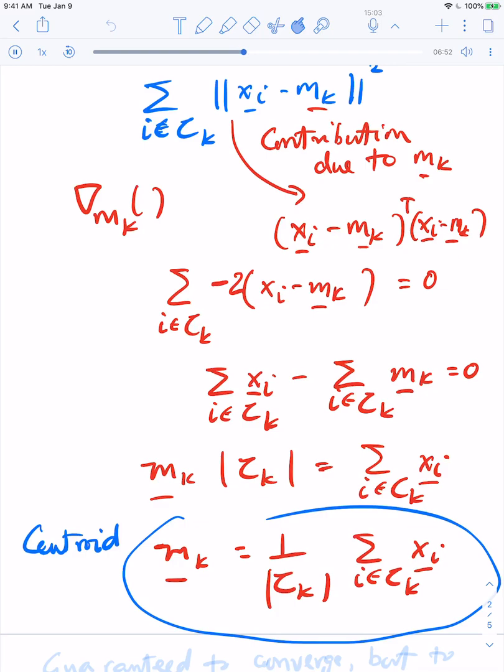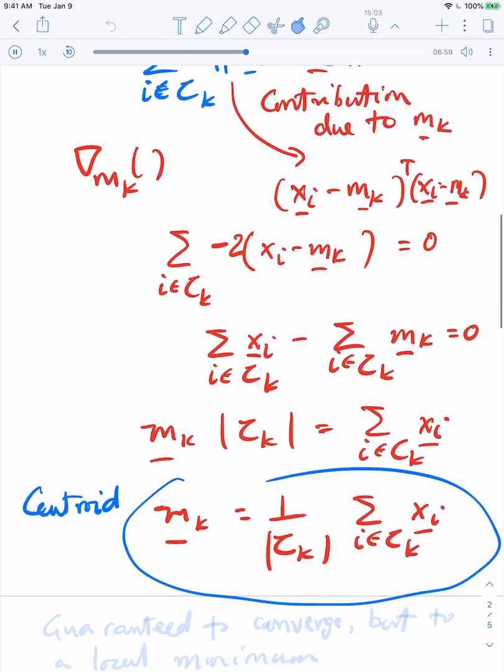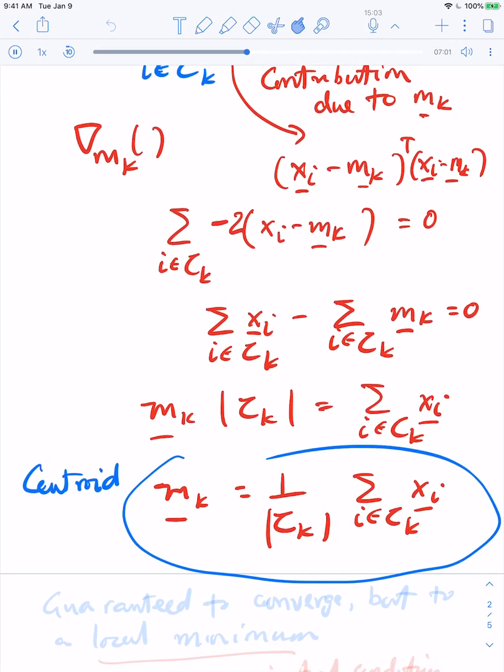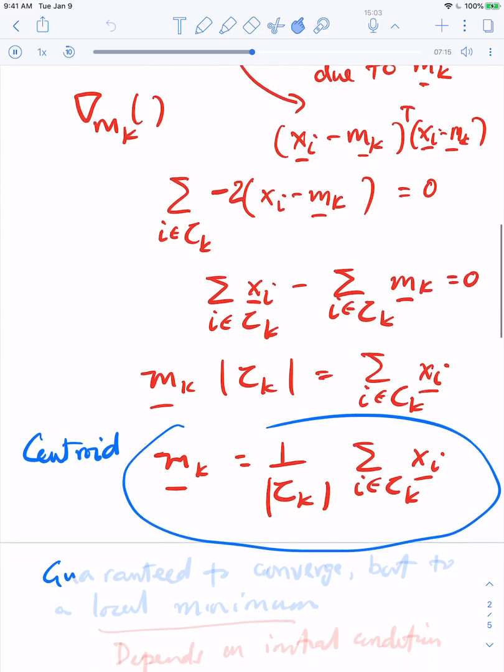And it's a greedy procedure. Each step of the greedy procedure can only decrease, you cannot increase, the cost function. So this procedure is guaranteed to converge. Of course, what it's guaranteed to converge to is not necessarily the global minimum. But this is guaranteed to converge to a local minimum.